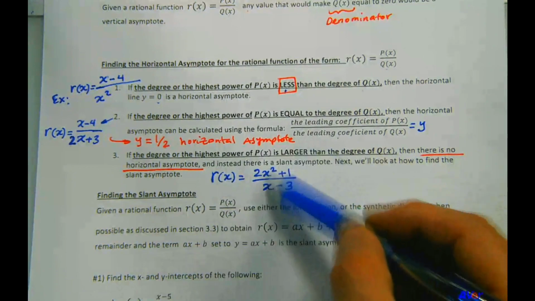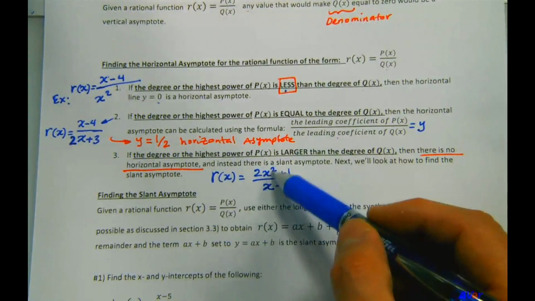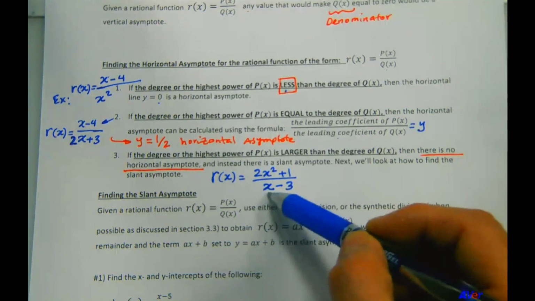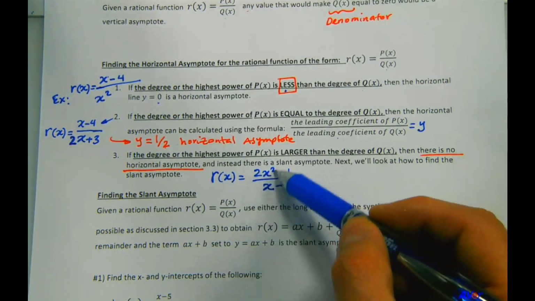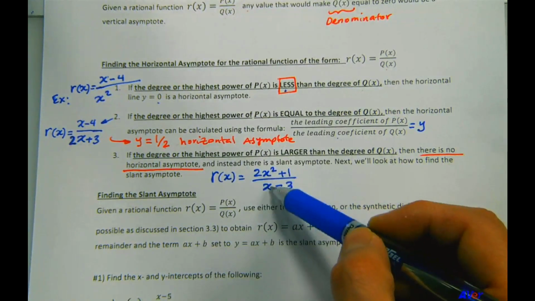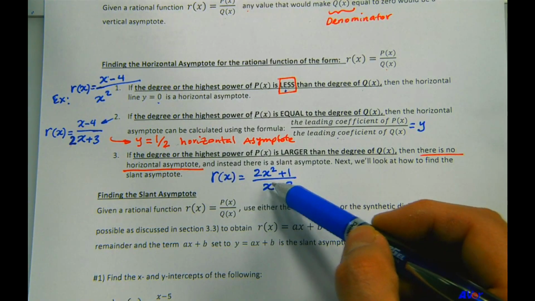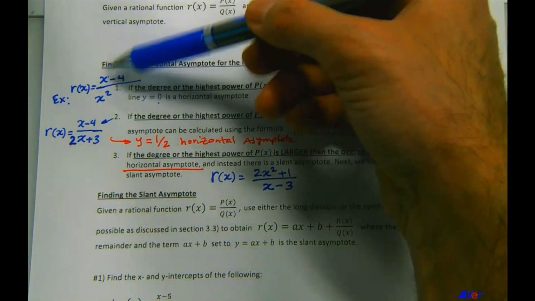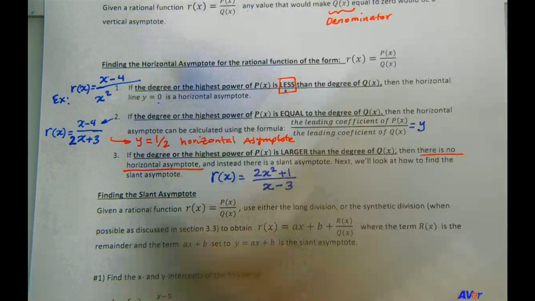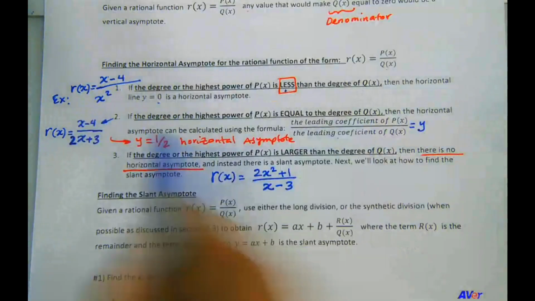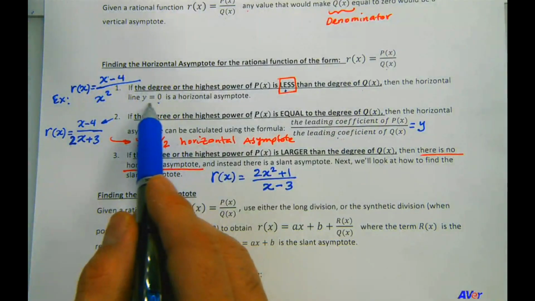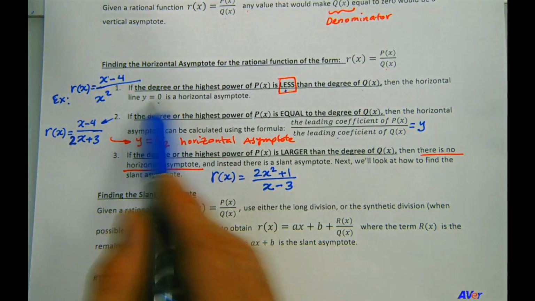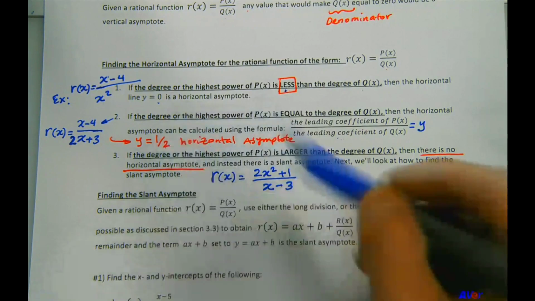Compare the leading terms, which are 2x squared in the numerator and x in the denominator. The power in the numerator is higher than the power in the denominator. When the power in the numerator was less than the power in the denominator, then we had the horizontal line y equals 0, the x-axis, as the horizontal asymptote. But this is the opposite.